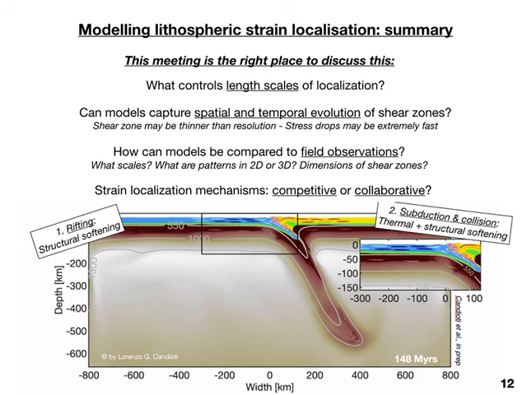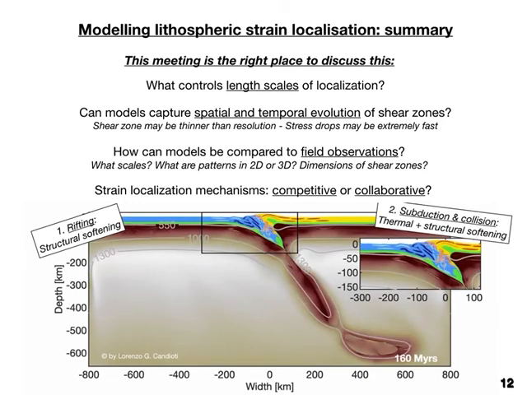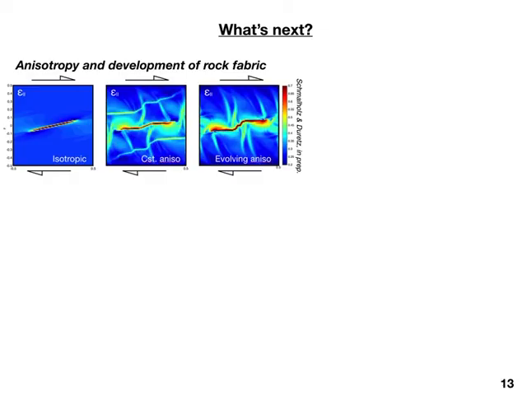Now we have the onset of continental subduction and continental collision with ongoing compression, and because continental crust resists subduction, we finally get the formation of an orogenic wedge here with the formation of nappes. The formation of the internal structures of the orogenic wedge is governed both by shear heating and structural softening.